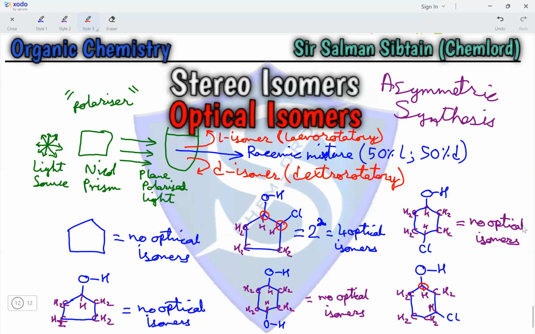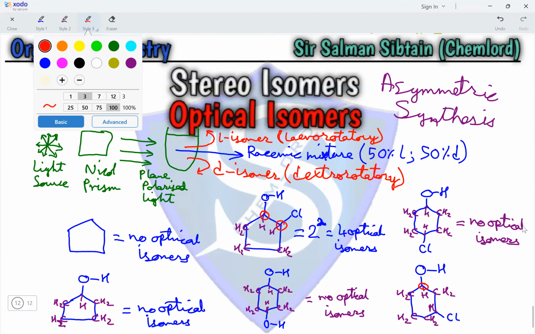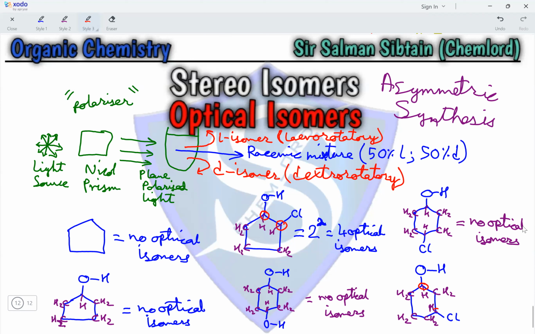Now let's look at the carbon with respect to chlorine. It has got chlorine on one side, hydrogen on the other, a CH2, CH2, CH2 on its bottom side, and on its top side it has a CH2 followed by a CHOH, which makes both the sides having two different groups on it. So this is also a chiral center, the one having the chlorine.